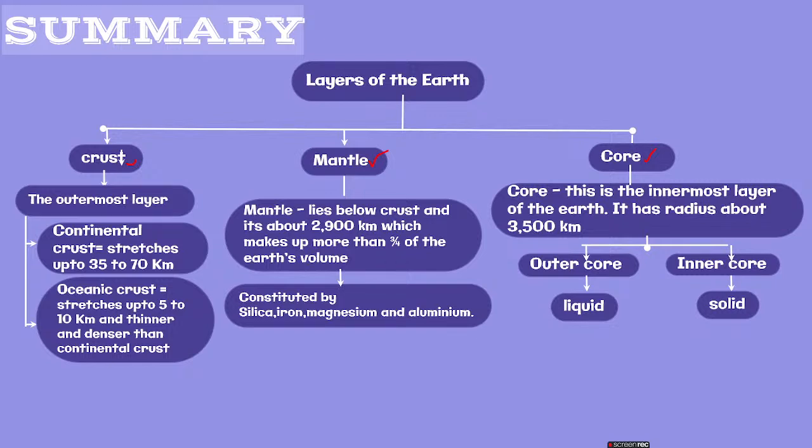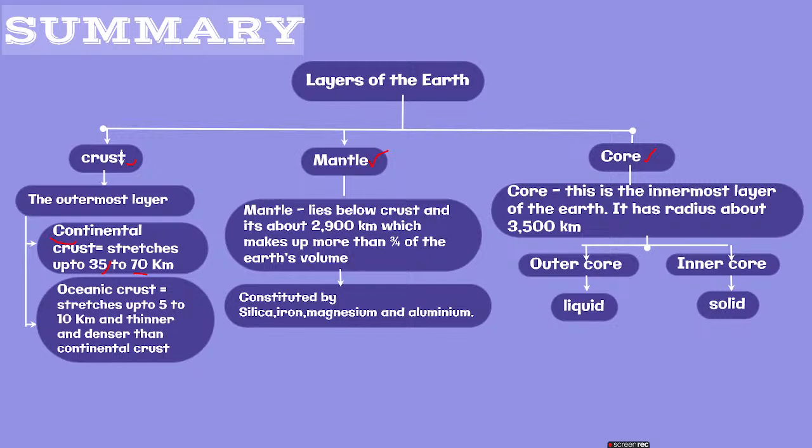Here in the crust we have two types. The first one is the continental crust. It is nothing but the surface area or the land, and it stretches up to 35 to 70 kilometers deep into the earth. And the oceanic crust is situated between these continental crusts.